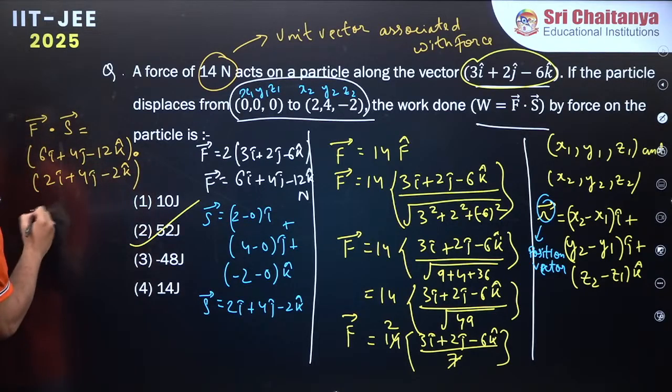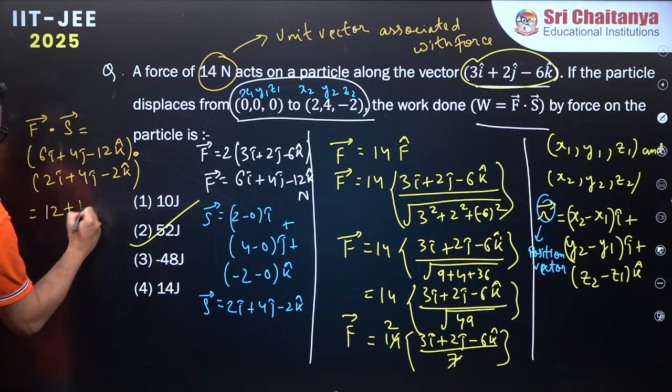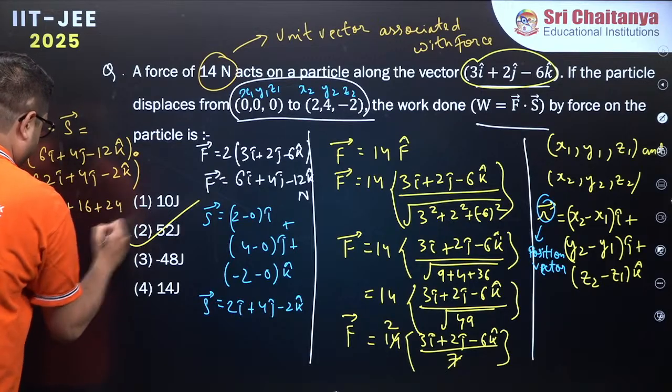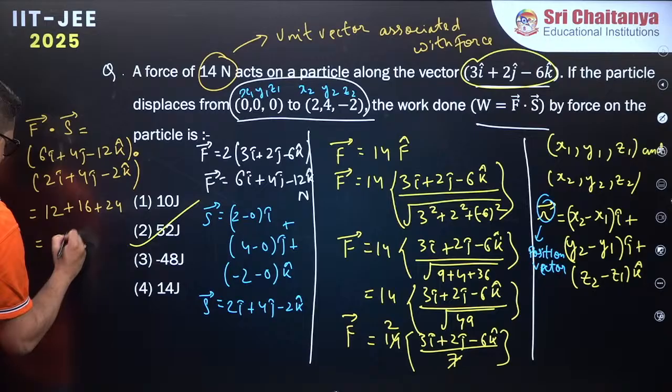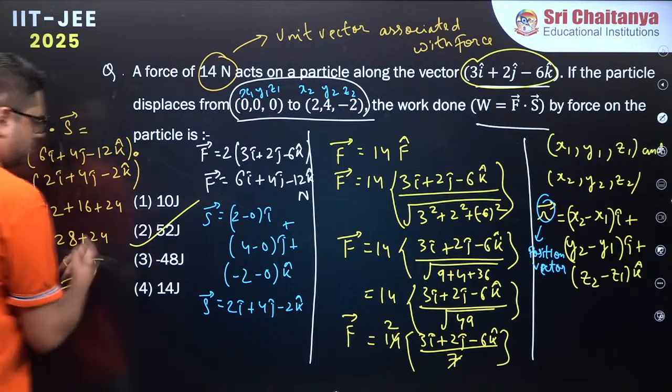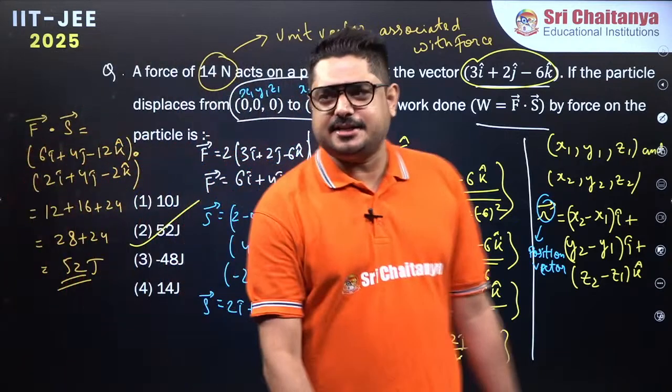What should it be? 6 multiplied by 2 is 12, 4 multiplied by 4 is 16, and minus 2 times minus 2 is 4. So 12 plus 16 plus 4, which is 32 joules, is going to be the answer to this question.